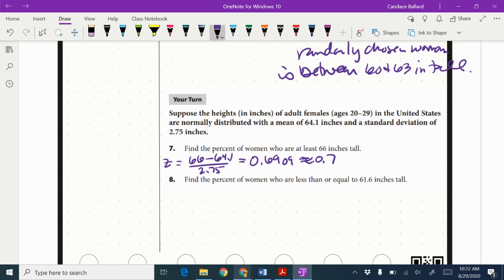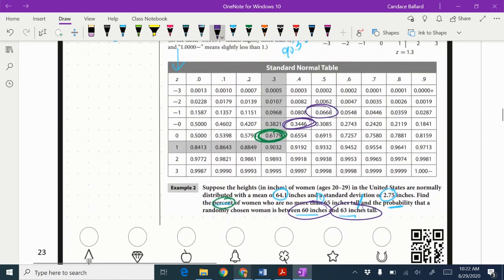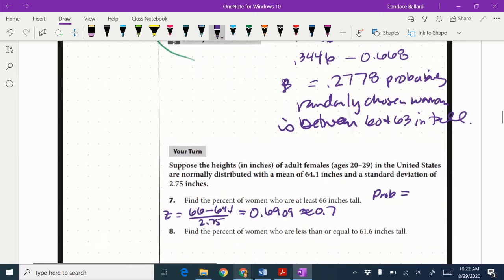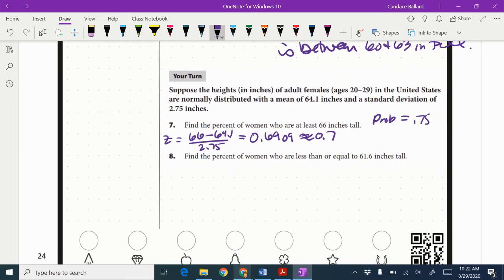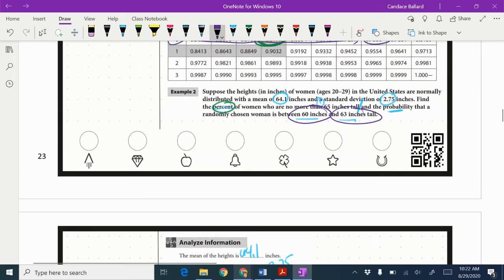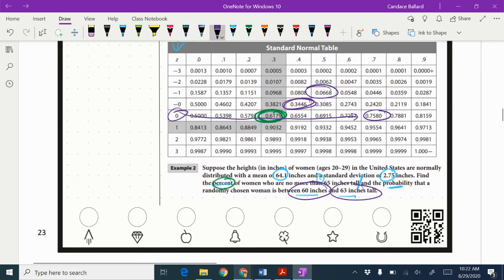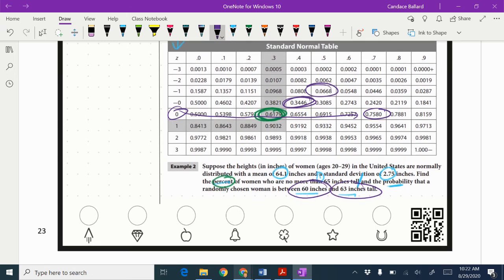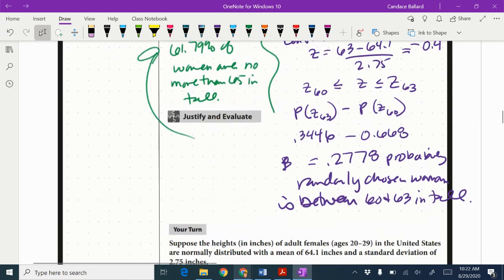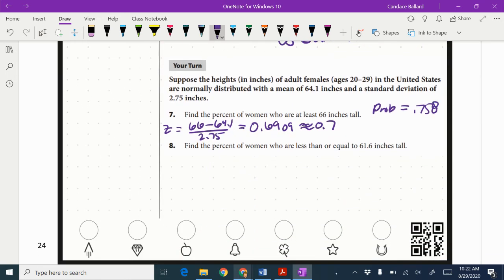So the probability from the table is going to be 0.7580. What happened? Let me look at 0.7580. I just have it written wrong somewhere. I wrote 84. Okay, 80. I wrote it wrong originally.